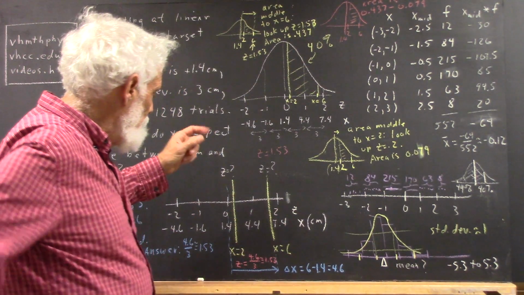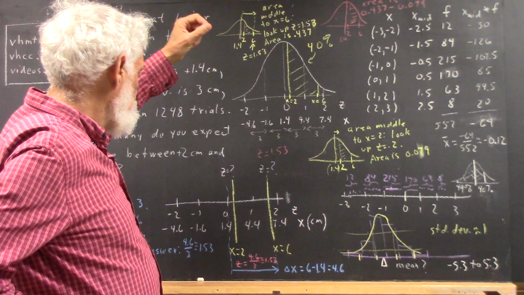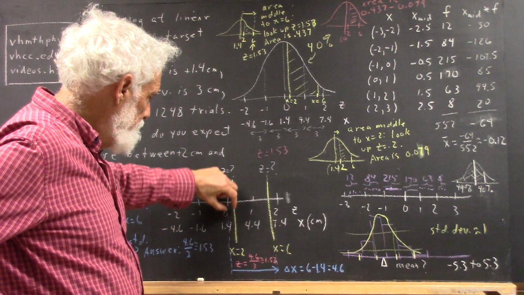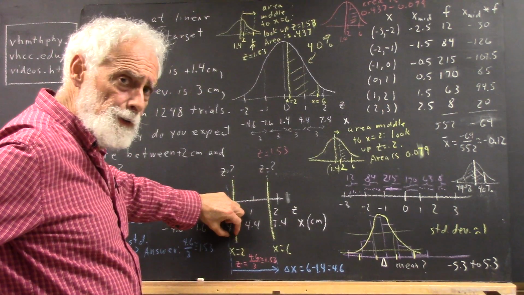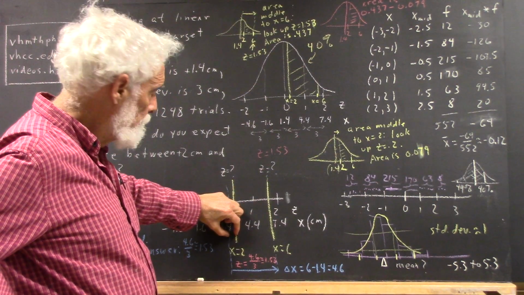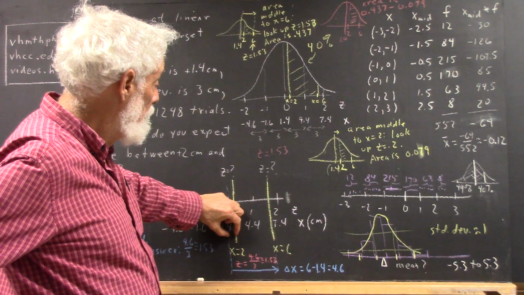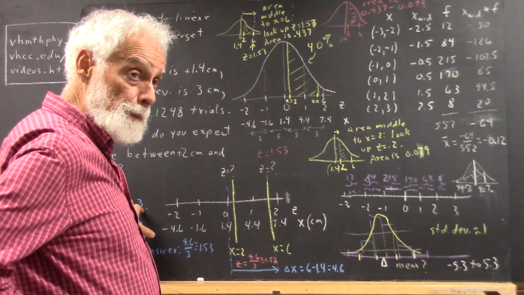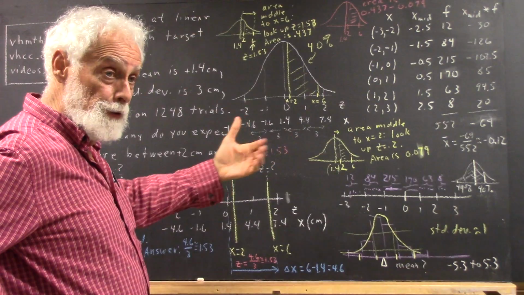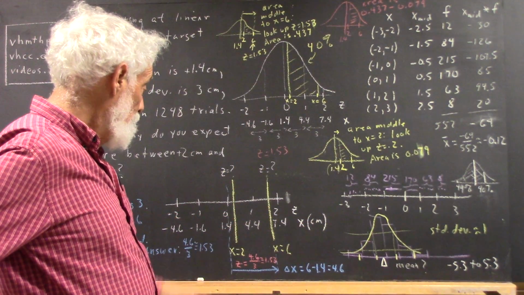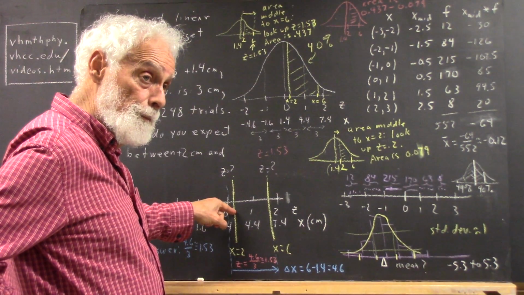Okay, well, so the displacement, the delta x, the change in the value of x from here to here is 0.6, and the standard deviation is 3. If we divide 0.6 by 3, we know how many standard deviations then. And that's going to be our z value here.